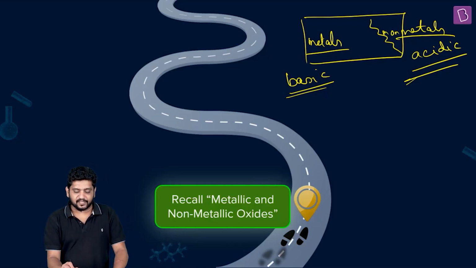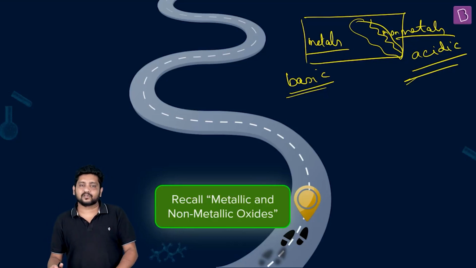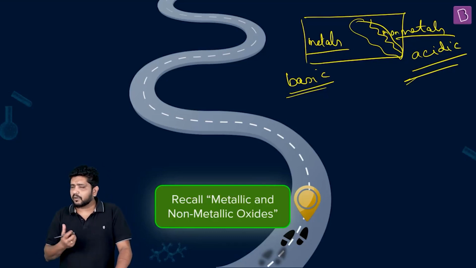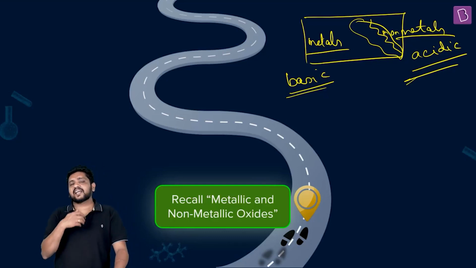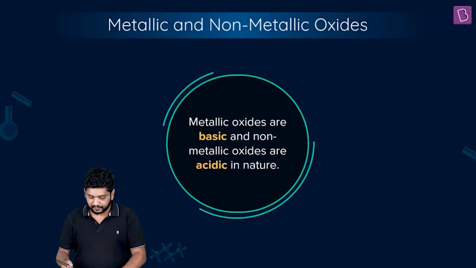So if you have some elements which are lying in this border region roughly, I mean not always, there is like influence of oxidation state and also I'm pretty sure you have heard of this. The point is that some of these oxides do have this tendency that it can react with both acids as well as bases, which we call as amphoteric. And then we have these oxides which we call as neutral oxides, which don't give you an acid or a base in solution, right? So yeah, let's look at the options and let's understand.